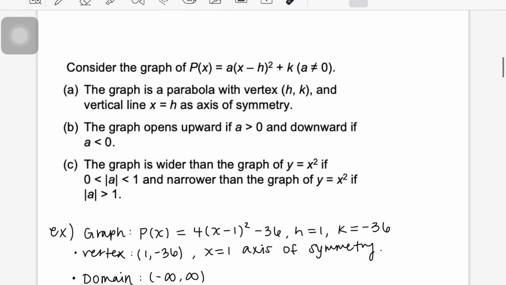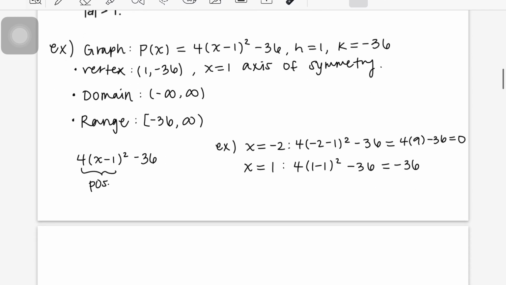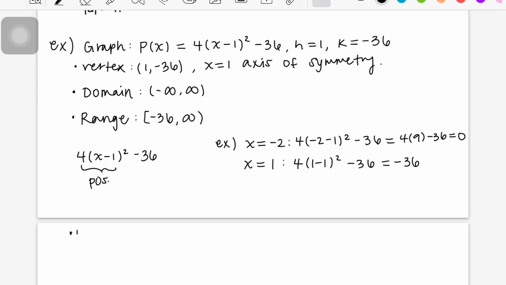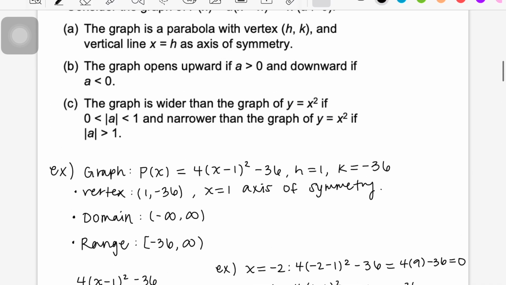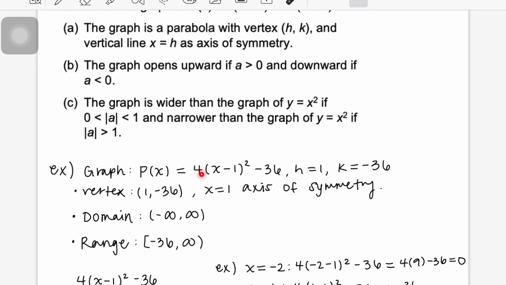We also have a positive a value here, so we know our graph is going to open upwards. Since we have this factor of 4 here, our graph is going to be wider than this graph by a factor of 4.